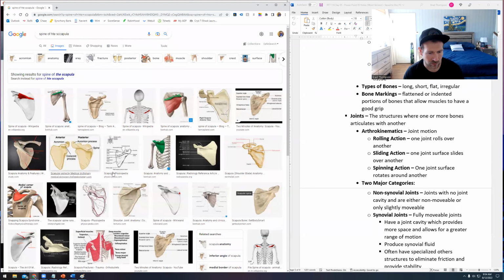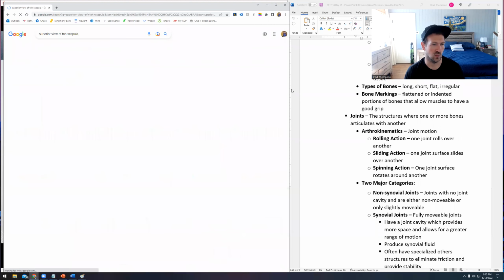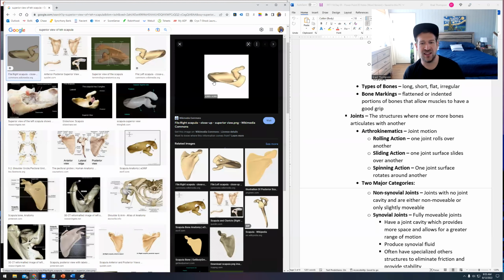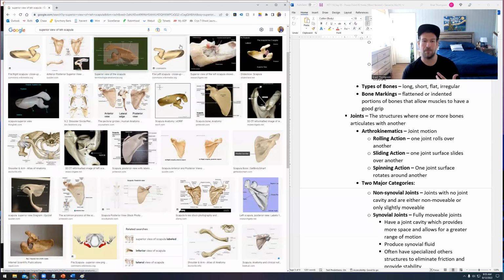Top view. So this is kind of what that scapula actually looks like if you're looking down on it from the top. Look at this huge valley right here, right? So that's a depression, right? A depression is a big old dent in the bone.